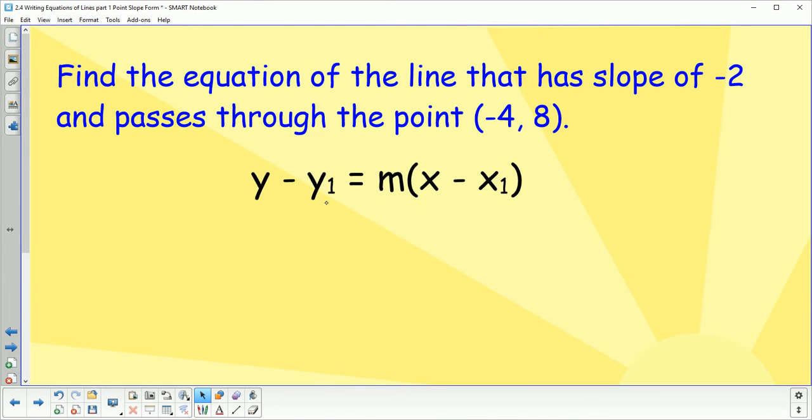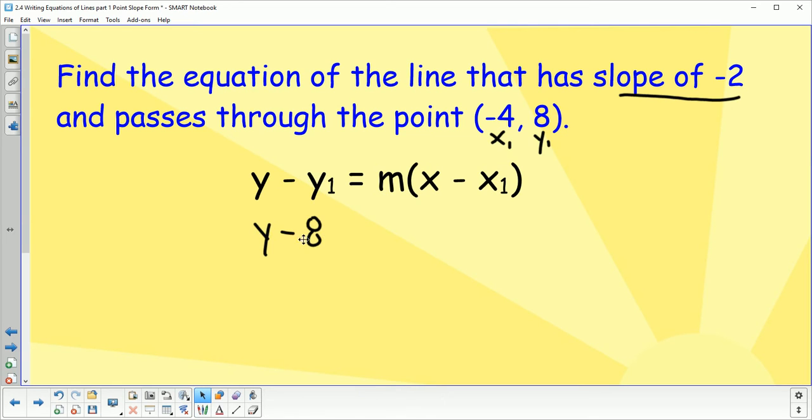Okay, now sometimes it's fairly easy. For example, here you're given that your slope is -2, and you have a given point, -4, 8. If that's the case, remember every point, every ordered pair, has an x and a y. So x1, y1. We're going to have y, our variable. Remember, the y and the x are always going to stay the same. Y minus, and then y sub 1, which is a positive 8.